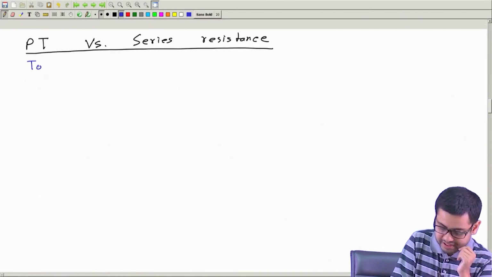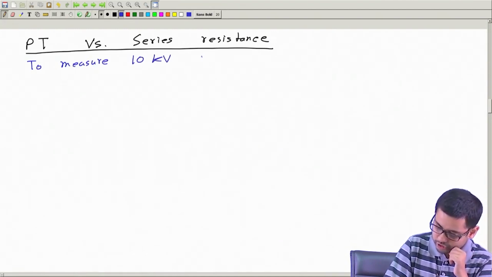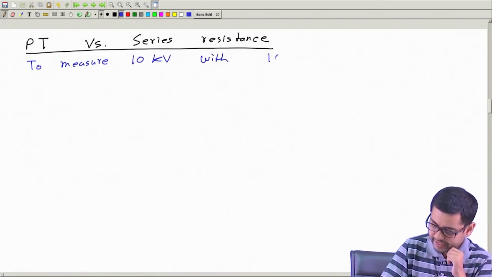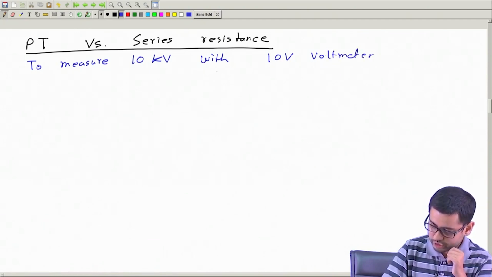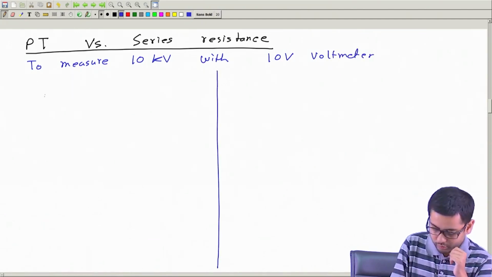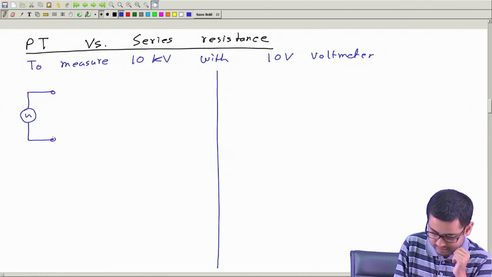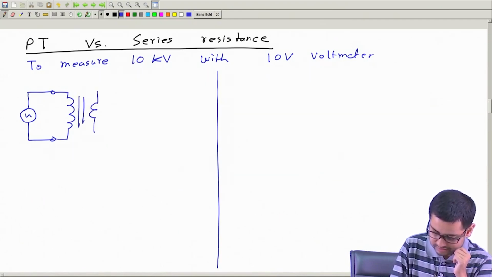So, to measure 10 kilovolt with 10 volt voltmeter, we have two choices. One is use a potential transformer, a step down transformer, and then this voltmeter.